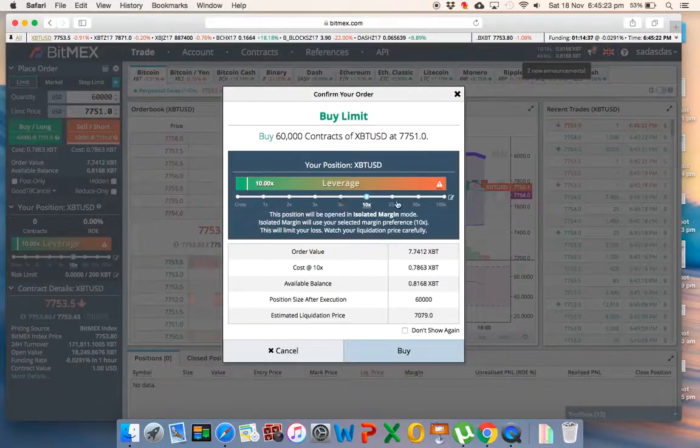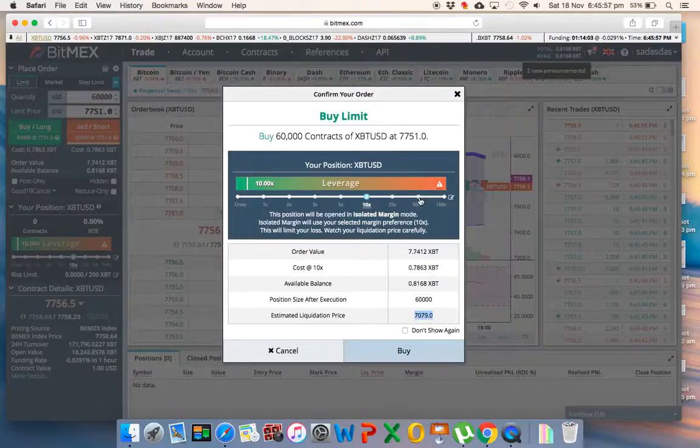So you realize if I shift this up to 25, the cost of this contract is lower, meaning I only need to use 0.3 Bitcoin to get 60,000 USD worth of Bitcoin, and my liquidation price has increased from 7,000 to 7,489. What happens during liquidation is that when it hits this price, you're going to lose everything that you have. So it's important to use lower leverages to lower the estimated liquidation price.